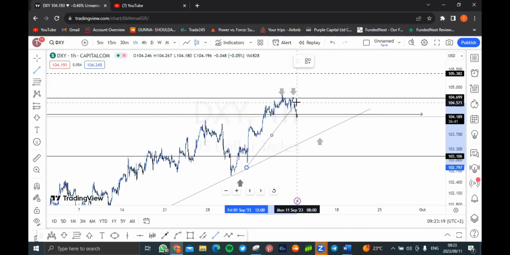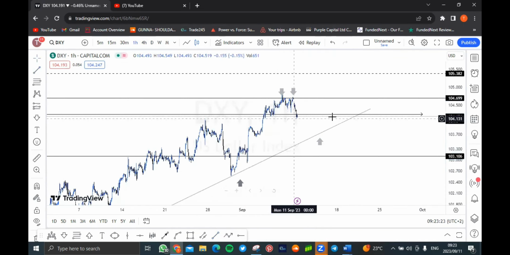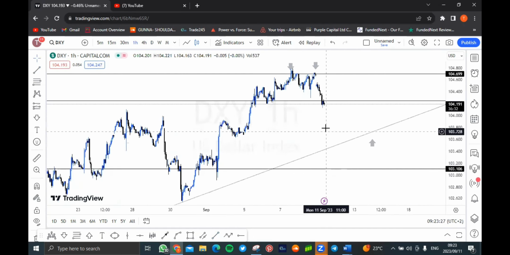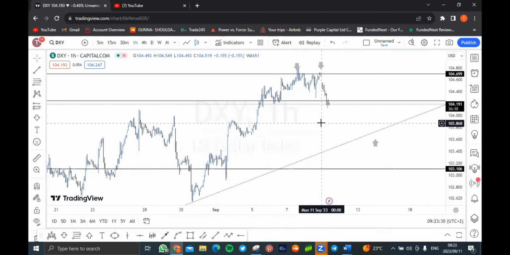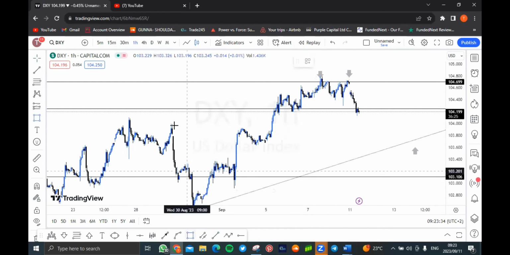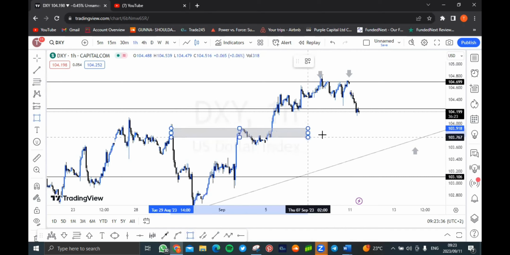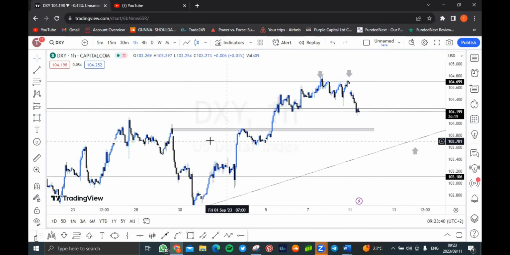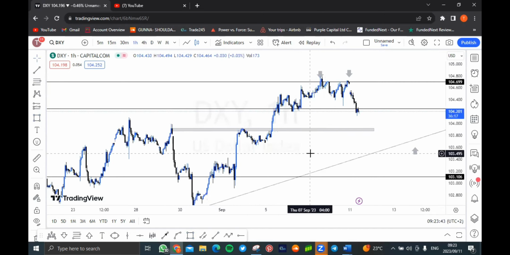If you want to add your trend lines to this one, you can do so, but I don't recommend it. It's pointless at this point because whatever trend line you have is probably broken. You understand? So let's just see. If you want to trade the small movements, it's fine. Just mark up your significant areas to say, okay, if price is going to move from this area, it's most likely going to come to this area.